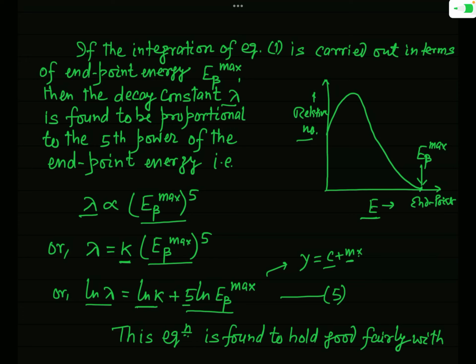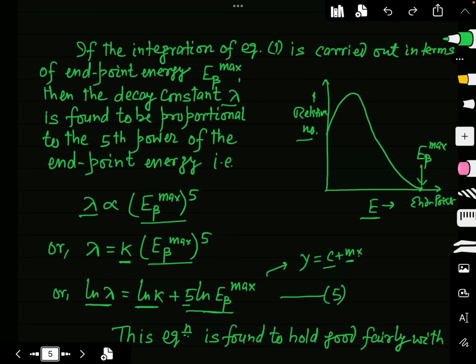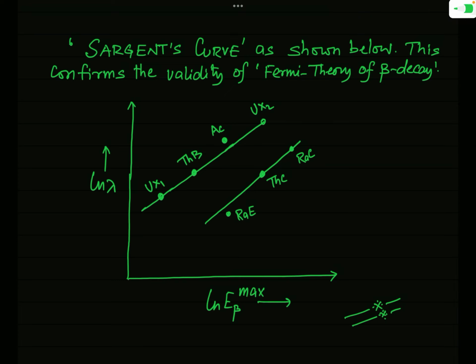So if we plot a graph of ln lambda against ln E beta max, we will get a straight line, and the intercept of that line will be equal to ln k. Such a graphical plot is known as Sargent's curve.